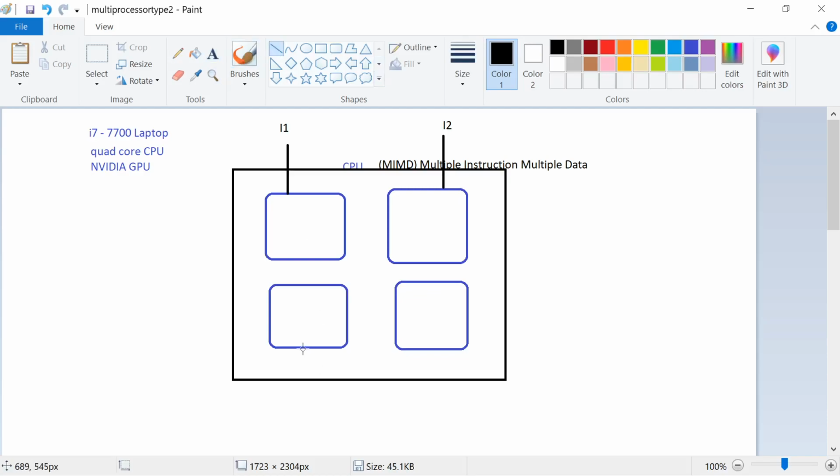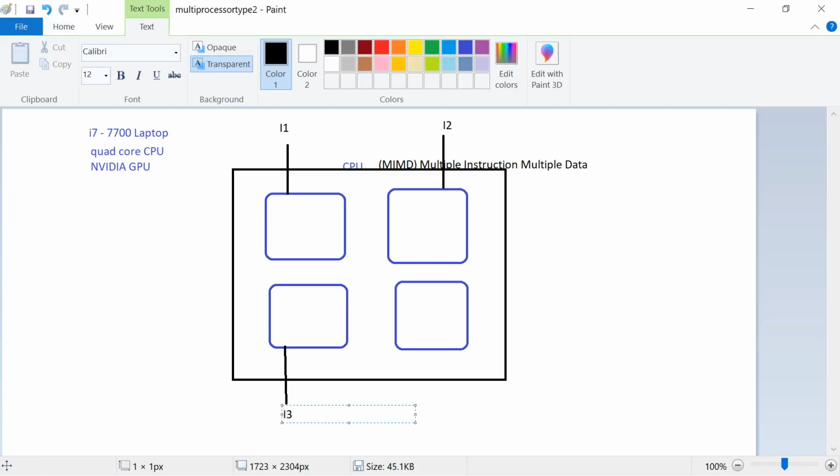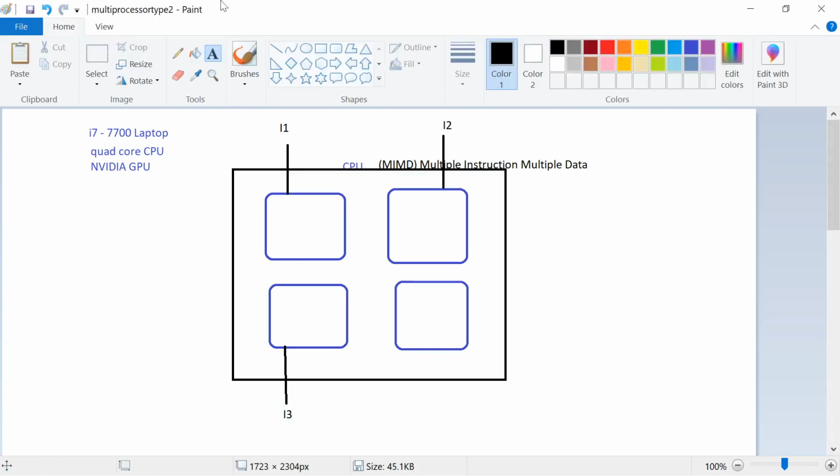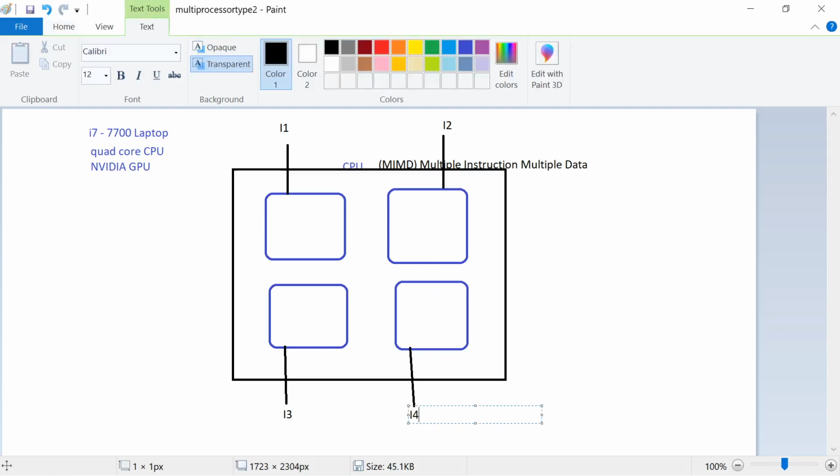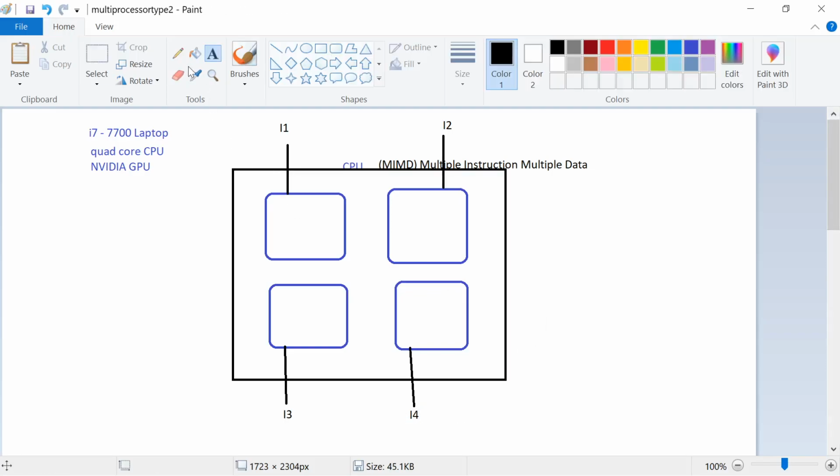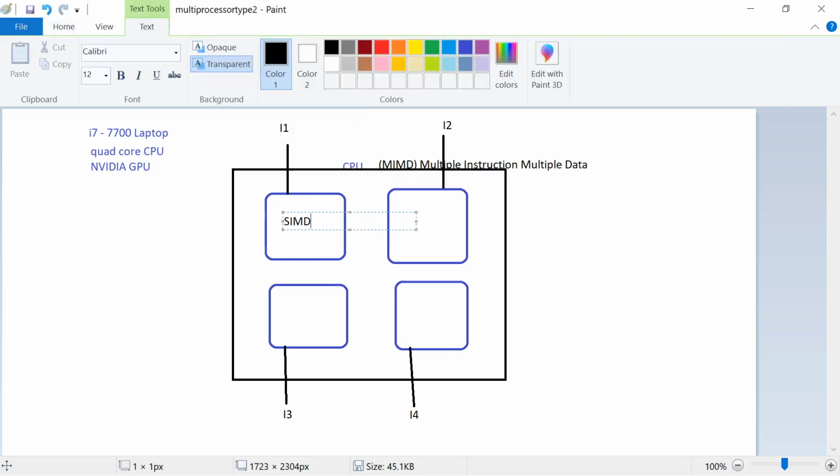The third core is going to get a different instruction, which is I3. And the fourth one is going to get a different instruction I4. So how many instructions are getting executed? 4 instructions, and those are different. But additionally, each core inside my computer is a SIMD core.